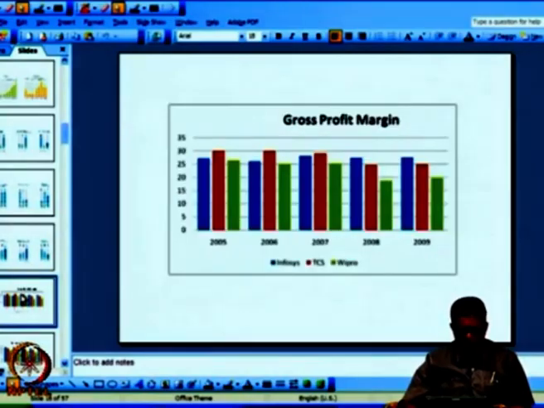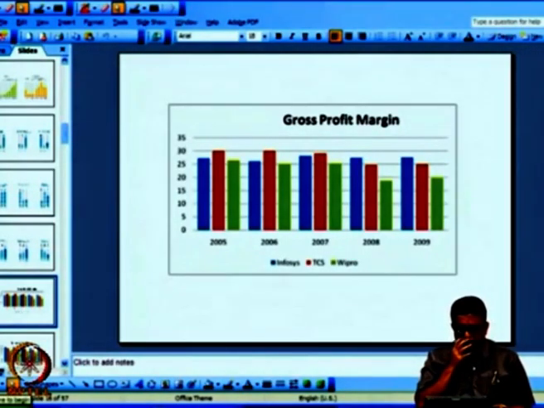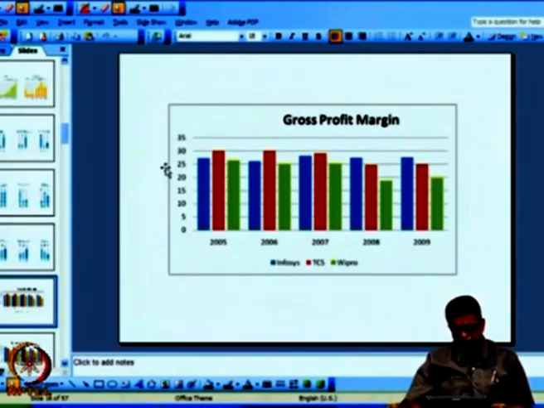Now, the gross profit margin, how has it gone? Here is a slide which compares Infosys, TCS and Wipro. How have they really performed? This is what is expected of you also. When you are looking at an industry, say the software industry, these are three majors of the Indian software industry.